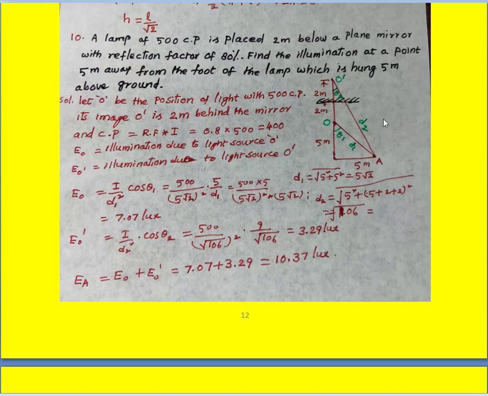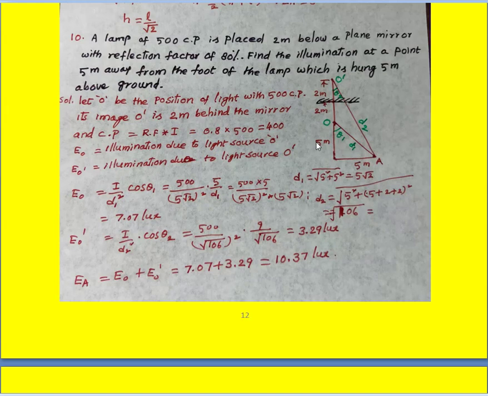To get the illumination at this point due to the source O dash, we have to apply Lambert's cosine law. So first of all we have to calculate theta 1, theta 2, d1 and d2.